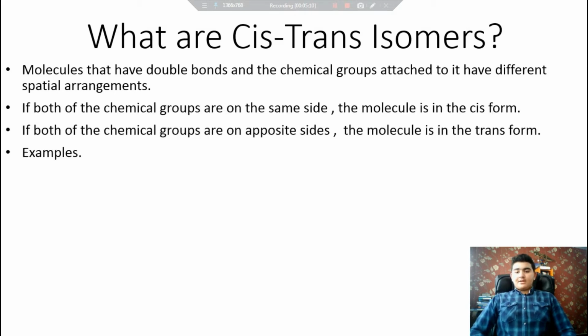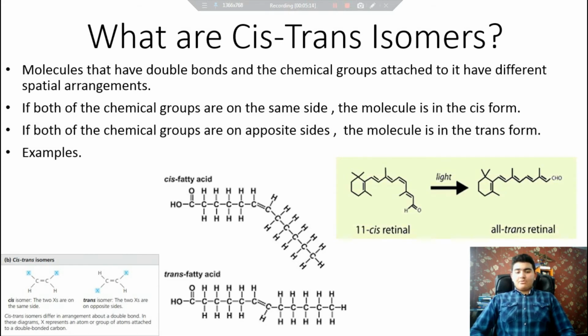Okay, so if a double bond joins two carbon atoms, and the example is in the picture on the bottom left corner.